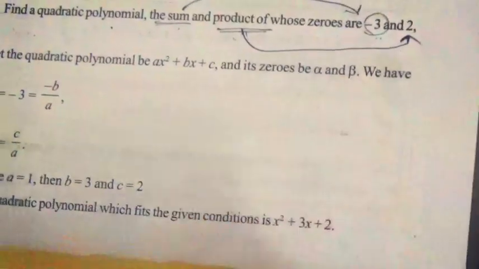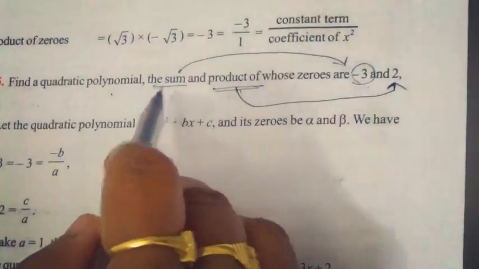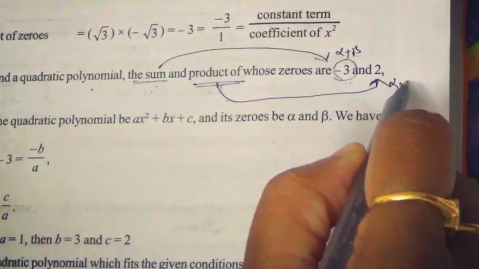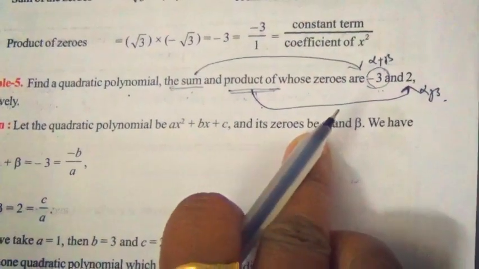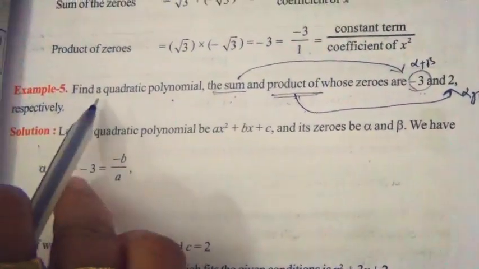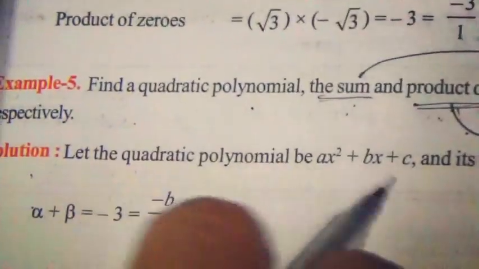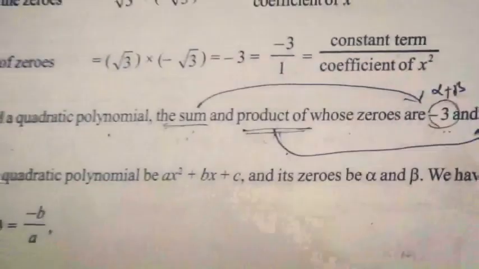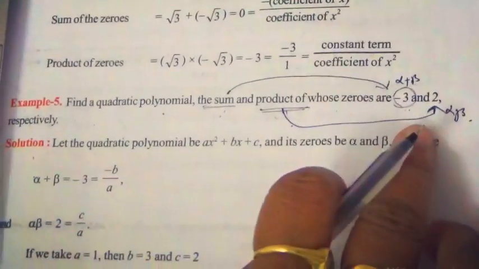Sum means alpha plus beta, product means alpha into beta. You just look at the question carefully. We have to find out the quadratic polynomial, we have to write the equation, by using these two.